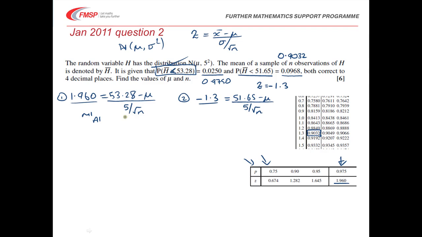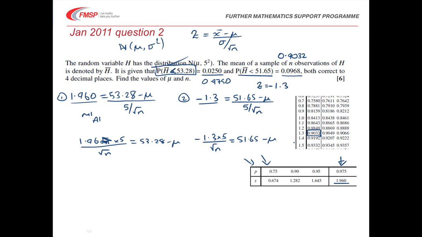Now it's a question of solving these. So if we just tidy these up, we can see that we've got 1.96 root n, just by multiplying that through, times 5 over root n must equal 53.28 minus mu, and here we've got minus 1.3 times 5 over root n is going to give me 51.65 minus mu.